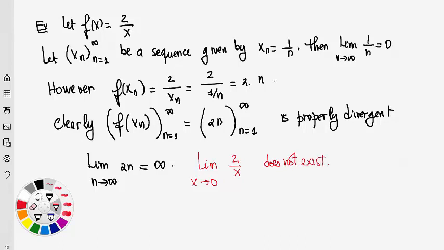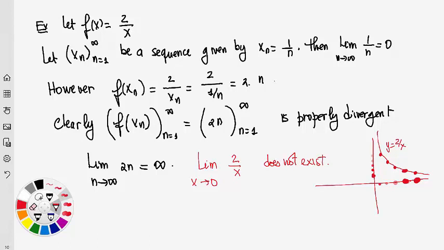Because we have just found a sequence which is going to 0. This is y is equal to 2 over x. So we found a sequence of numbers going to 0, and if we look at the image of that, you can see that it's blowing up.